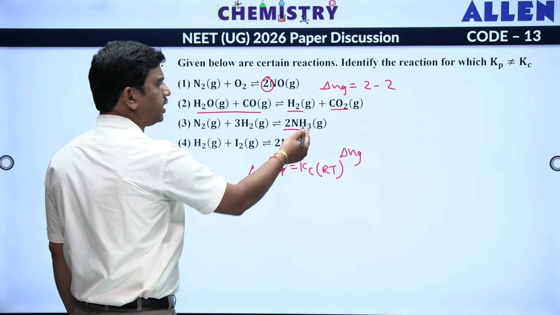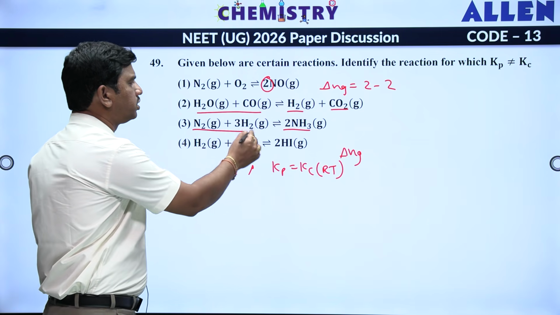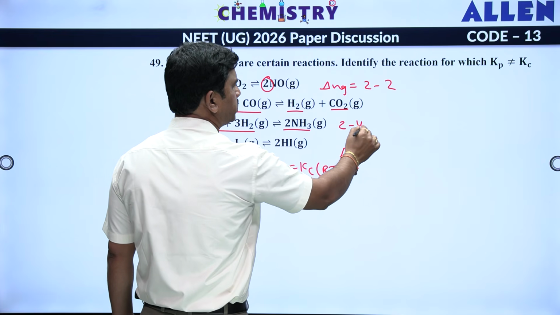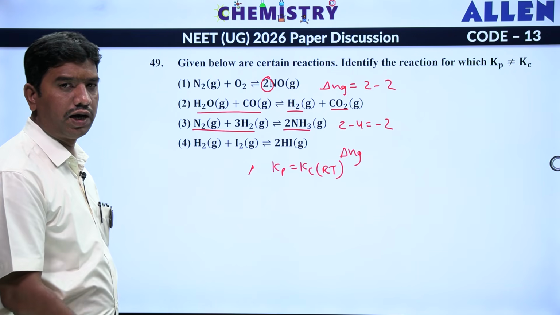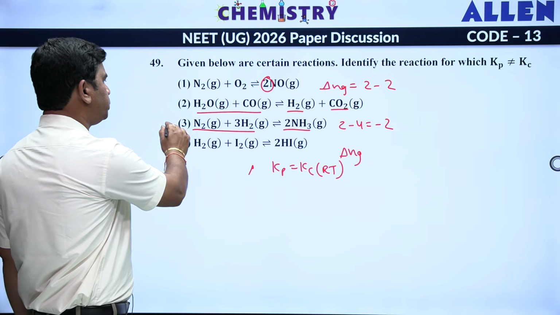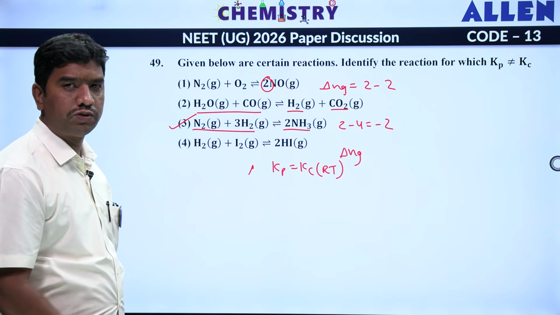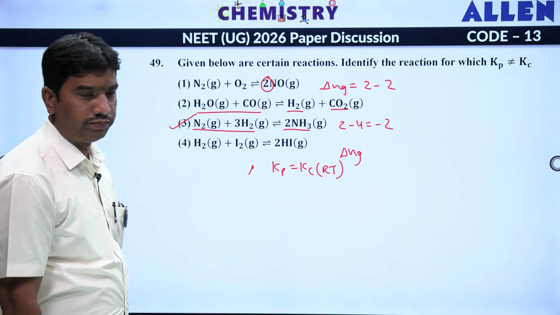If you consider the third equation, 2 moles of ammonia and here 4 moles of reactants. So 2 minus 4, which is minus 2. So delta Ng is not equal to 0, then Kp is not equal to Kc. So option 3. If you see the fourth one also, 2 minus 2 only, delta Ng equals 0 only. So option 3 is the right answer for question 49.